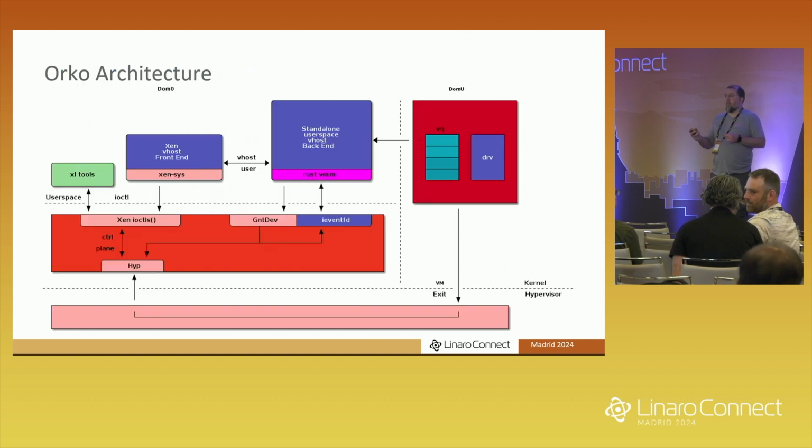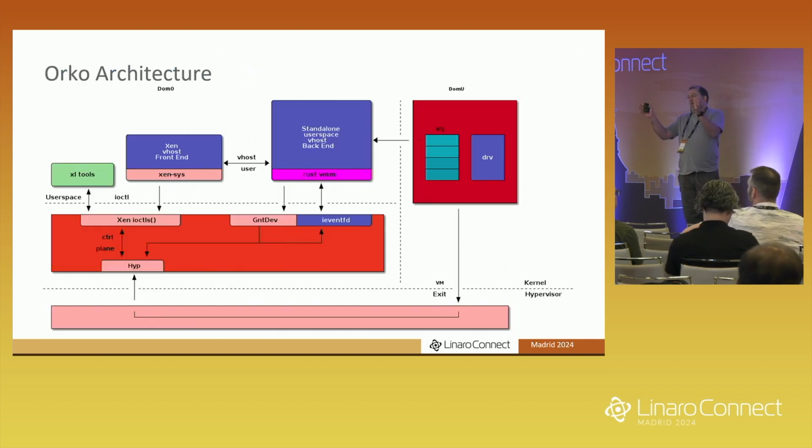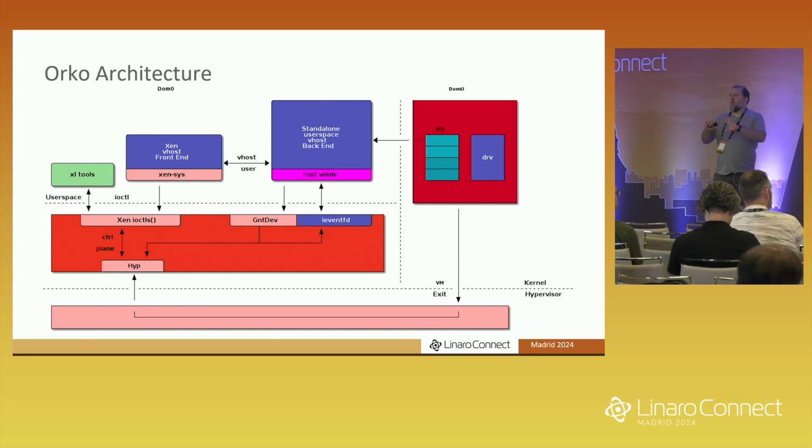So this is just a diagrammatic overview of what a typical Orko deployment looks like on Xen. So we have your DomU, which is your guest, with its driver and its virtqueues. You have the hypervisor, in this case Xen, and we have a tool called the Xen vhost frontend. So this basically takes the place of a VMM.